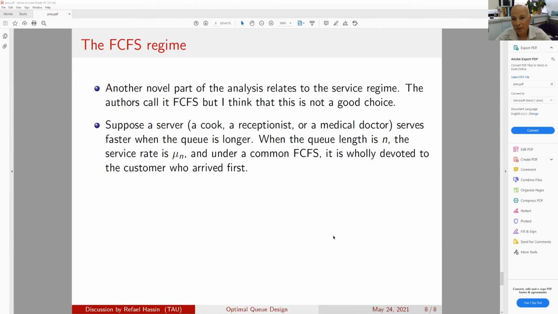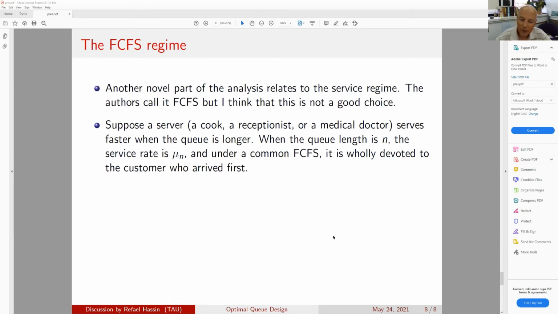When this server sees a longer queue, it's natural to start serving more quickly. There is some pressure, I see many people are waiting, so I provide fast service. But here, first come, first served means that the faster service is dedicated to the first person in the queue. And this is not the situation in the current paper.